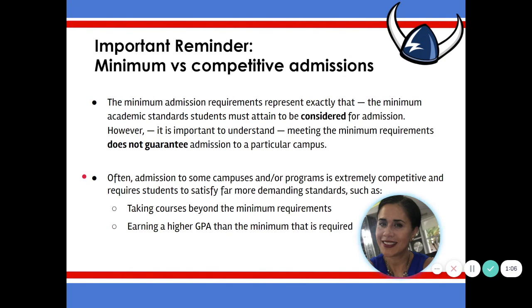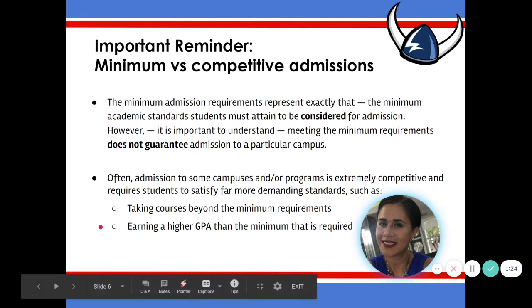Often, admission to some campuses and/or programs is extremely competitive and requires students to satisfy far more demanding standards, such as taking courses beyond the minimum requirements, earning a higher GPA than the minimum that is required.